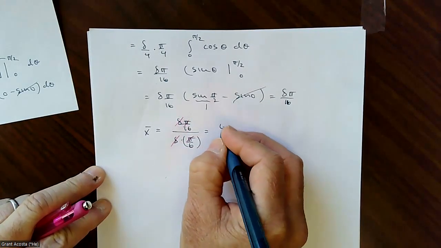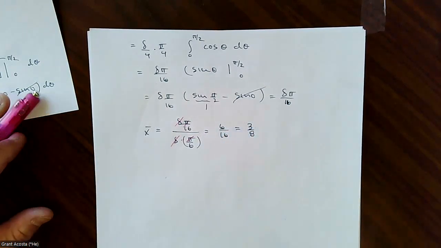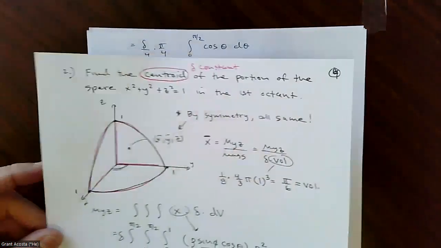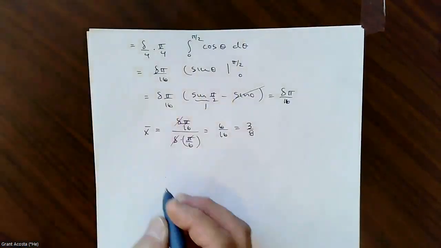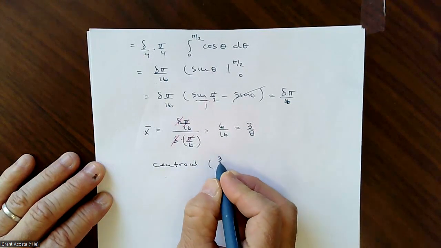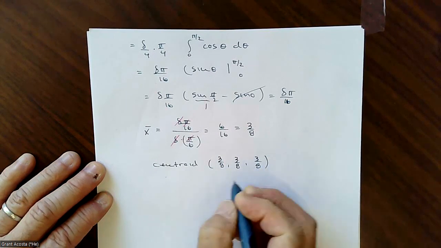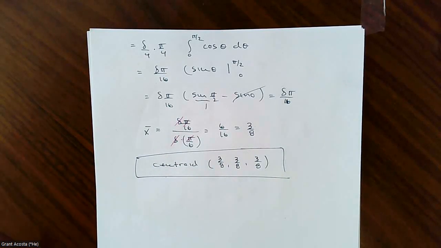And if I flip and multiply, I get 6/16, which is 3/8. And as we also agreed by symmetry, x bar, y bar, and z bar would all be the same. So our centroid is 3/8, 3/8, 3/8. Kind of interesting that this has to do with a sphere. I kind of expected pi to be in the answer, but it isn't.